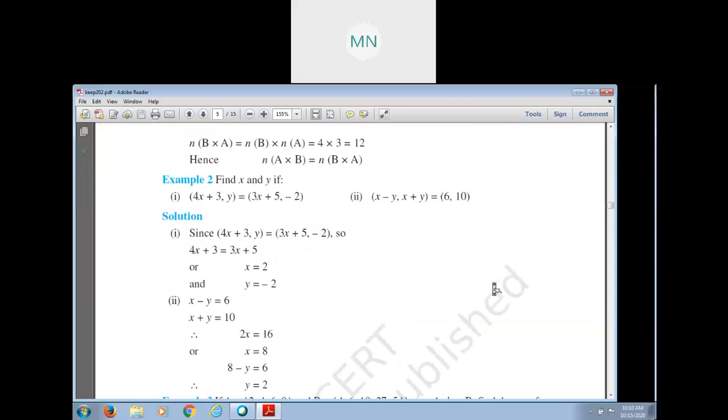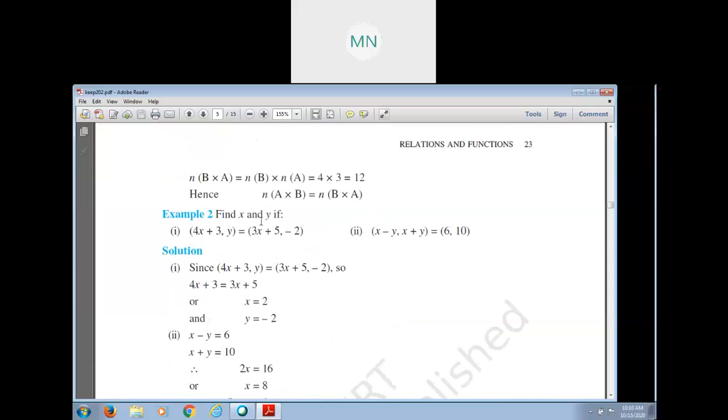Now see this problem. Find x and y. This is an ordered pair and the left-hand side is also an ordered pair. From this, can you find the value of x and y? What condition will be applied?